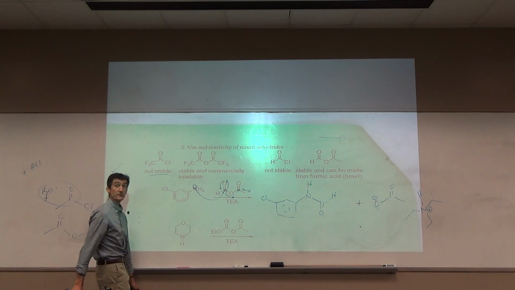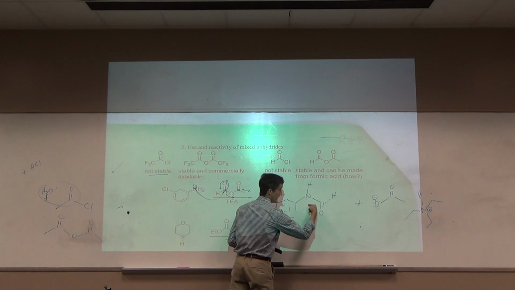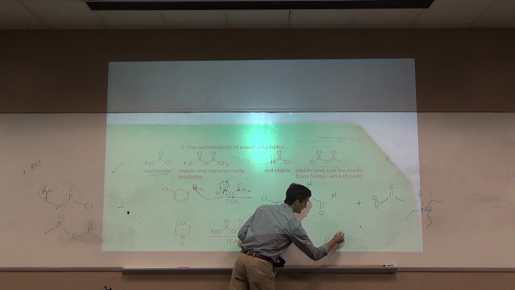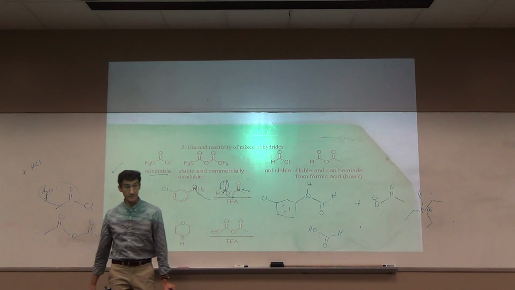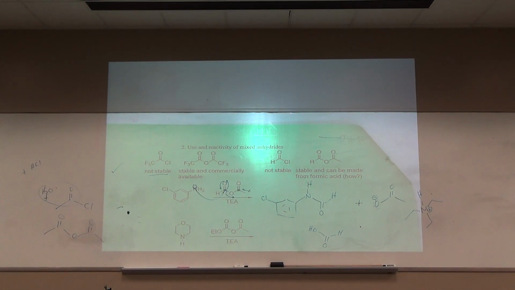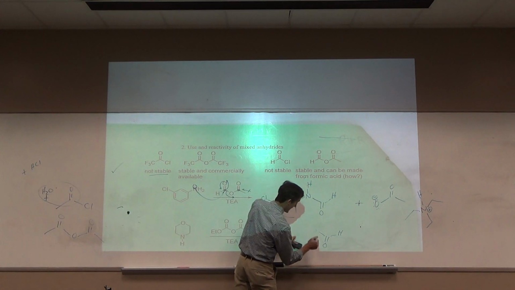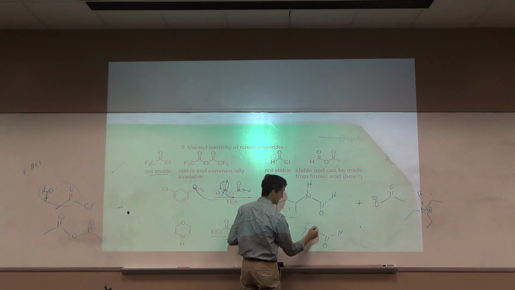Again, that's a mixed anhydride that reacts very nicely to give you the formamide. Why is it called a formamide? Because what's the name of this acid? Formic acid. We made an amide. It's essentially an amide of formic acid. Because instead of the acid, it's now an amide, but the nitrogen has stuff connected to it.